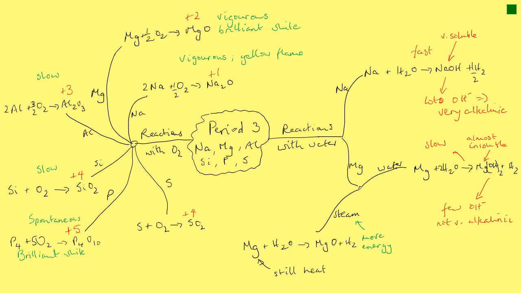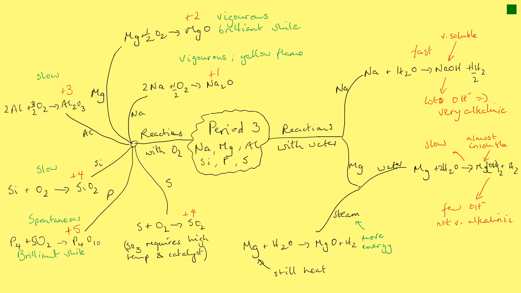In order to make SO3, sulfur trioxide, that requires high temperature and a catalyst, and we're doing the sort of normal oxide reactions here.